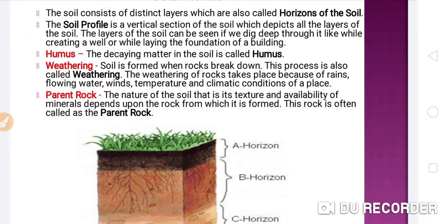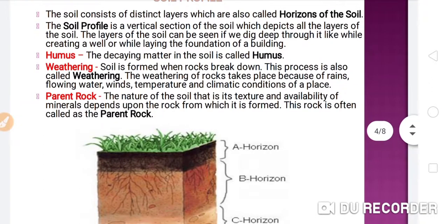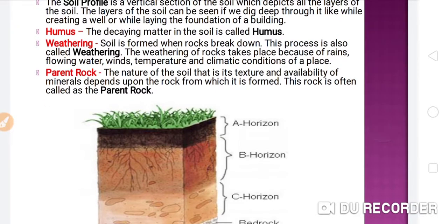The weathering of rocks takes place because of rains, flowing water, winds, temperature and climatic conditions of a place. These are technical terms which are very important. Now next, parent rock. The nature of the soil, that is its texture and availability of minerals, depends upon the rock from which it is formed. This rock is often called the parent rock. So these are all important terms.